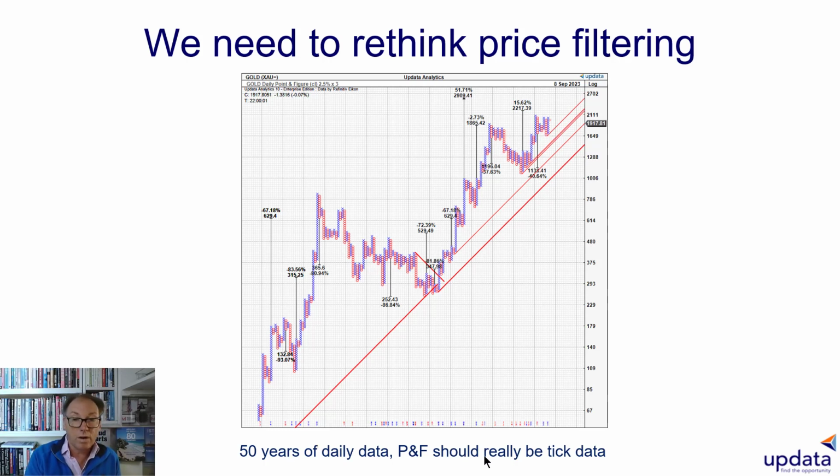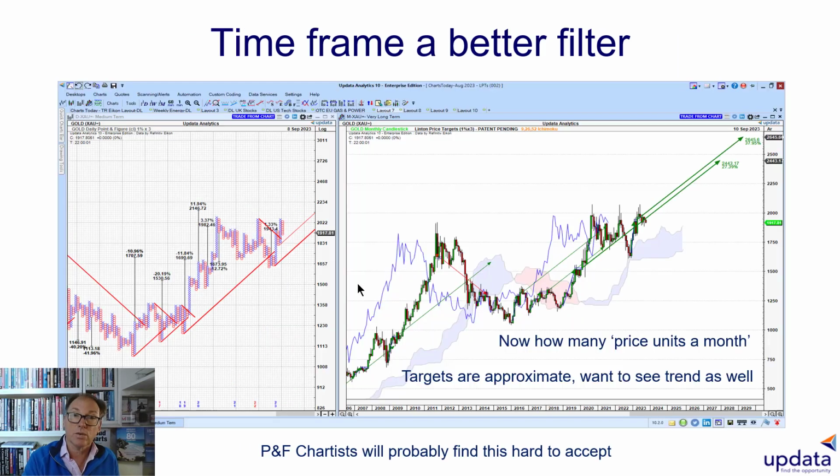So what, and again, point and figure should be tick data, but what we're really going to do now is we're going to diverge from the traditional thinking, and we're going to think about time frames. So this here is a monthly chart of gold, and this is the point and figure chart daily of gold. And what we've done here is we're now applying the targets to a monthly chart.